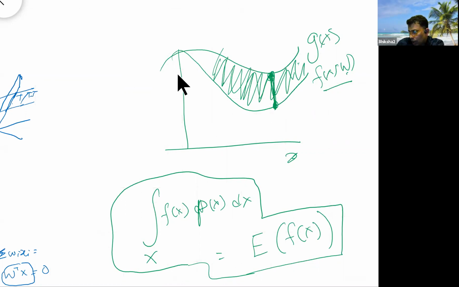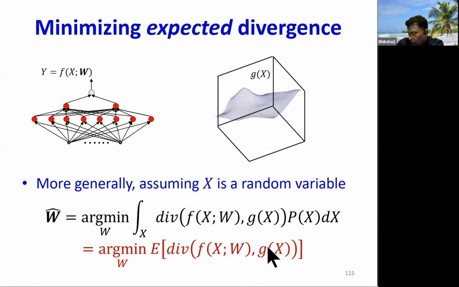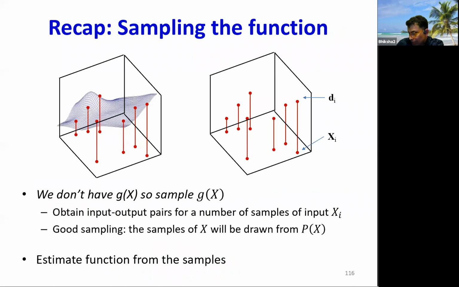So what we will do is compute the expected value of the divergence between the network and the target function. We're going to learn the weights to minimize this expected value. But then in reality, we can't actually compute it because we don't really have a complete specification of the target function.